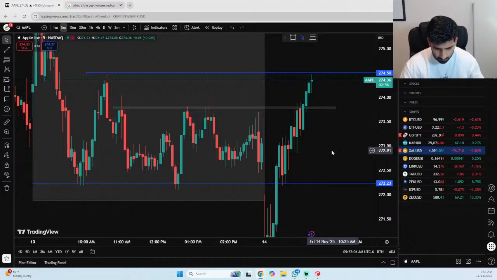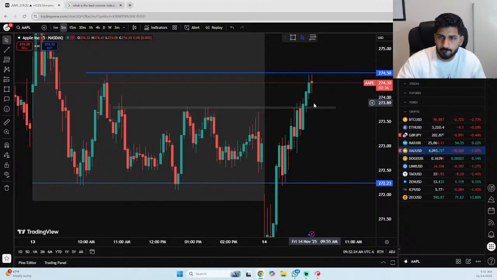Same way like how we are looking at the resistance zone, price needs to come out of that resistance zone, which would be 274.02 with higher volume, and I will get into a trade at the money.